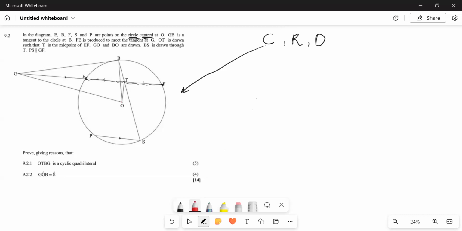We have a line from center. Let me try to draw something proper. Sorry. So it's a line from center to circumference, right? That's good.